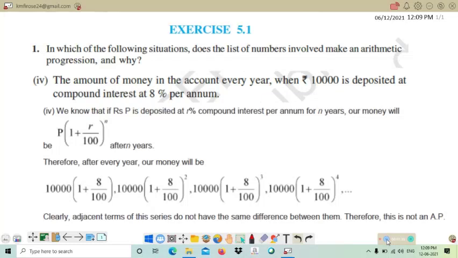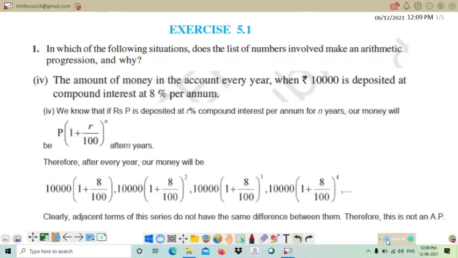So for each year we can calculate like this. For the first year it will be 10,000 into 1 plus 8 divided by 100, for the second year it will be 10,000 into 1 plus 8 divided by 100, the whole square.